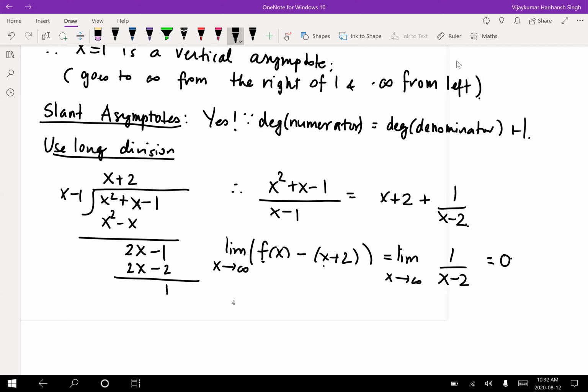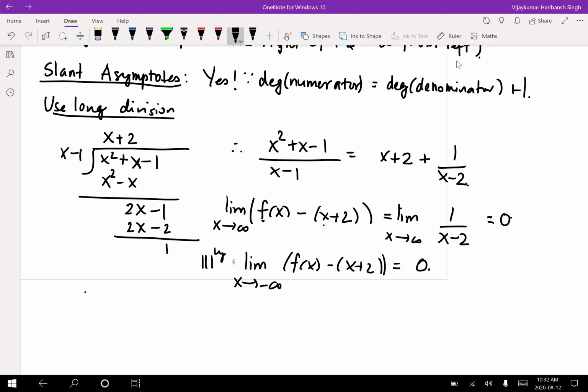You should check both sides, actually. Similarly, as x goes to minus infinity, f of x minus (x plus 2) is going to be 0 as well. Therefore, the line y equals x plus 2 is a slant asymptote.